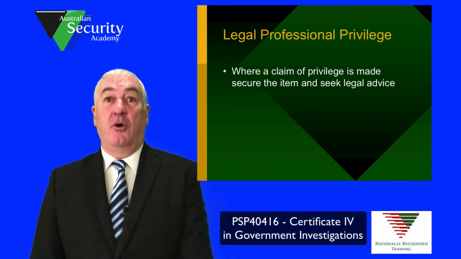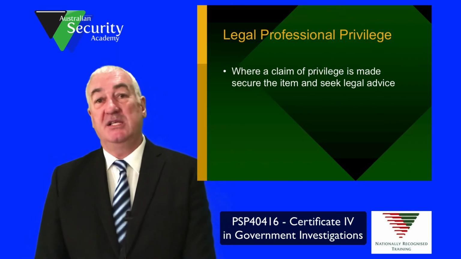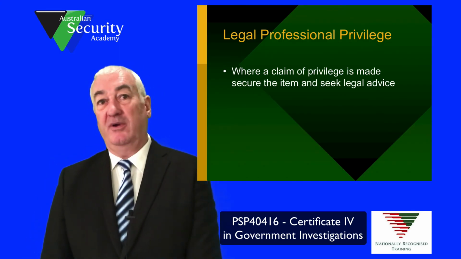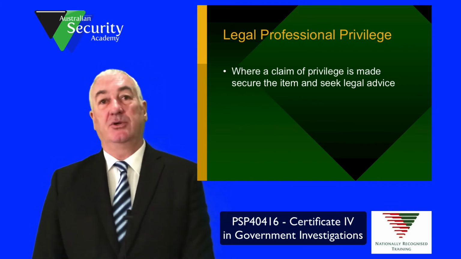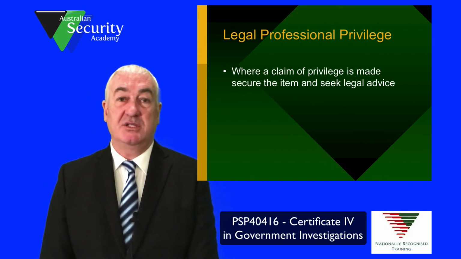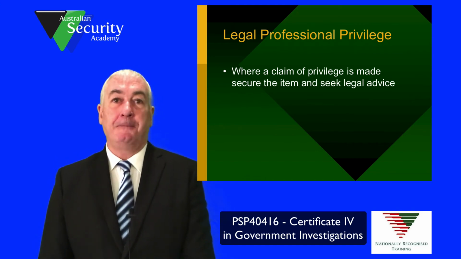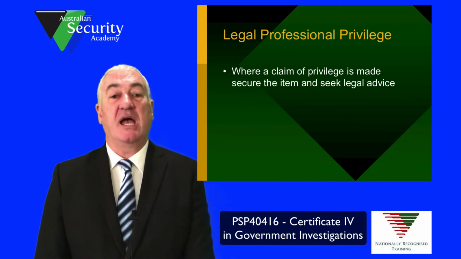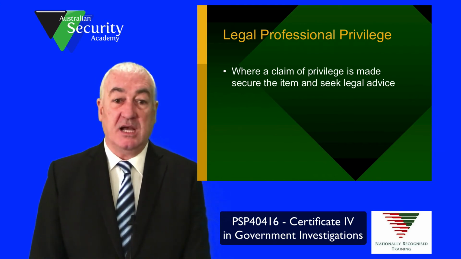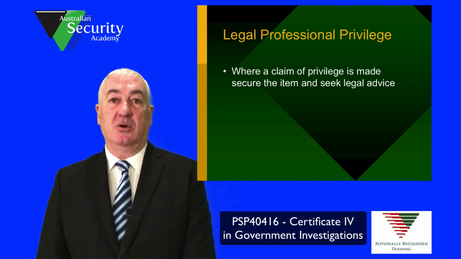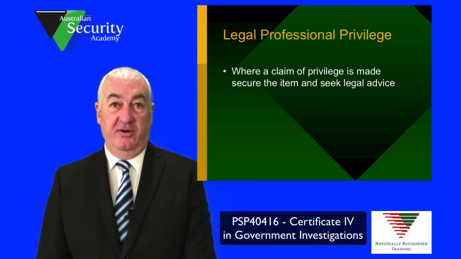Another issue that you may find, particularly in relation to documents, is a claim of legal professional privilege. It usually relates to either doctors and their patients, accountants and their clients, people like that. They may say you're not taking that information or those customer or case records because I'm claiming legal professional privilege.